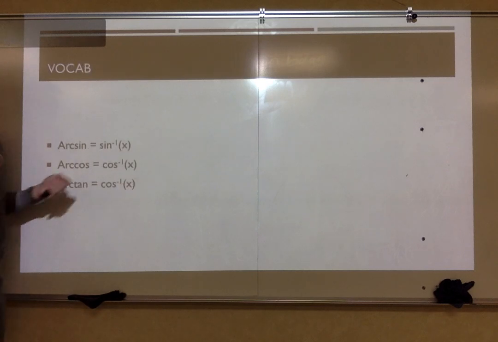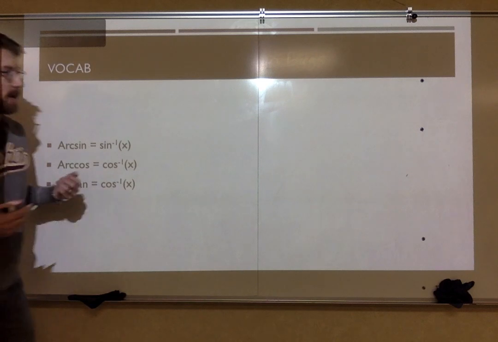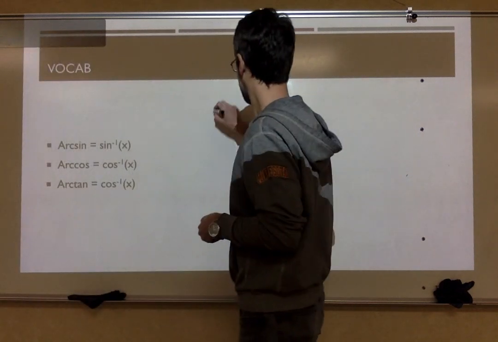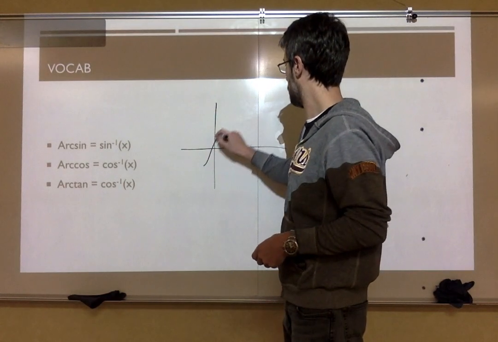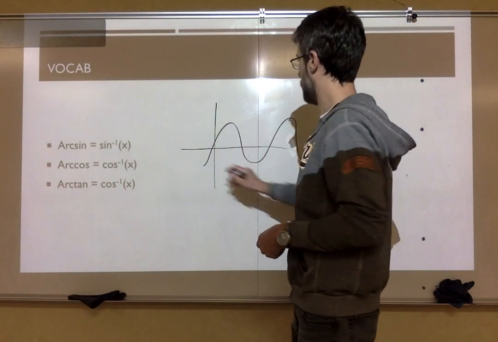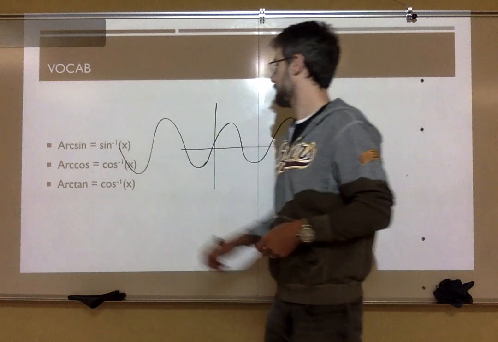One thing, we're going to be talking a little bit about the graphs of an inverse trig function, so ARCSINE or sine inverse. If we think back to the graphs of inverses of functions, what happens is this. If we take our normal sine graph, it kind of looks like this, right?